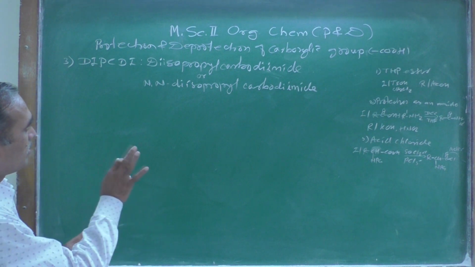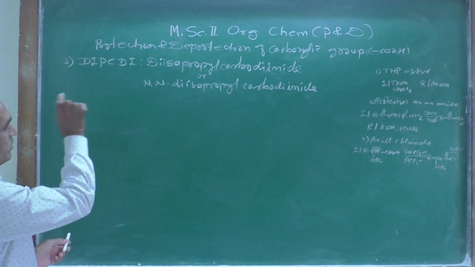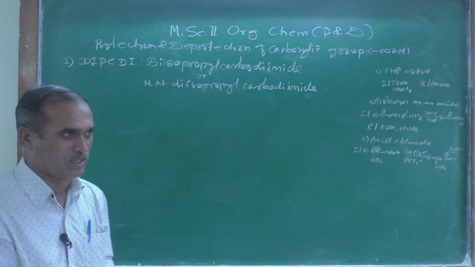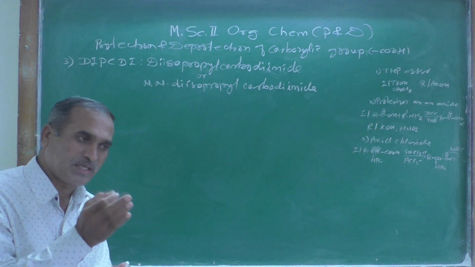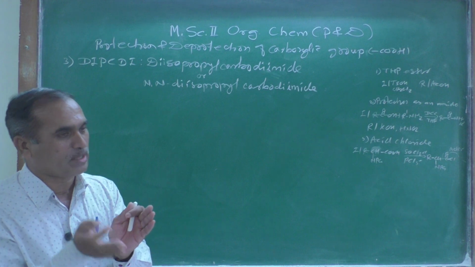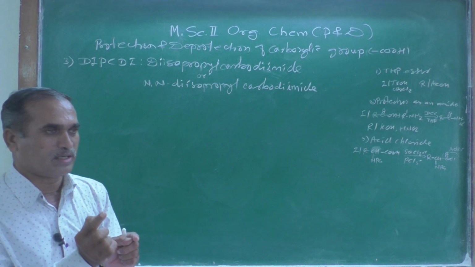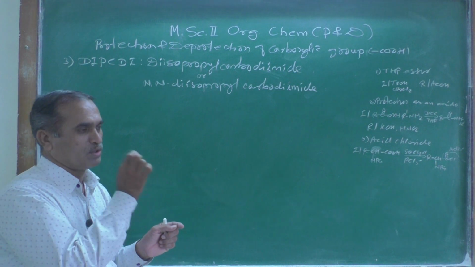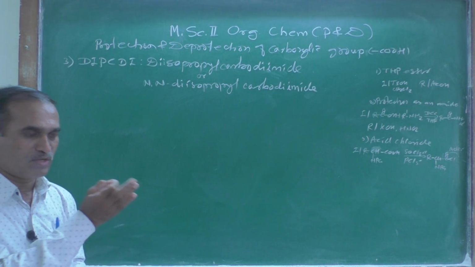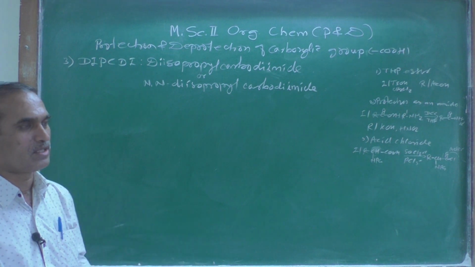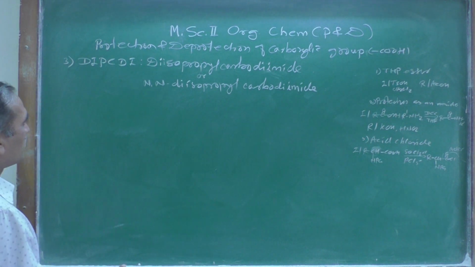This is the name of the reagent used to protect the carboxylic group. Its mechanism and function are similar to the previous reagent, DCCI, or just DCC.